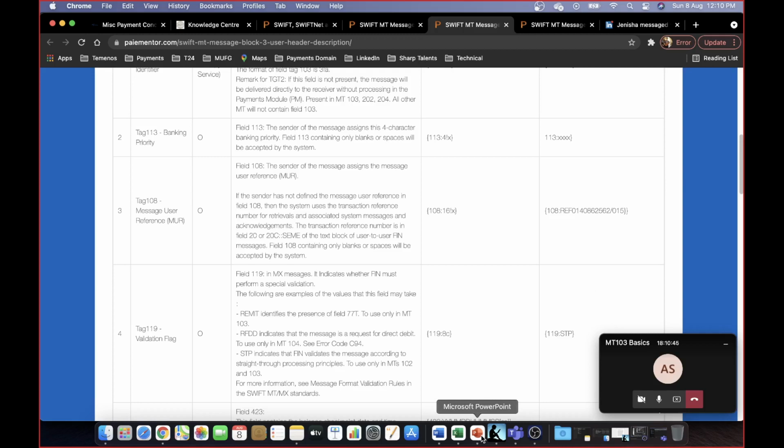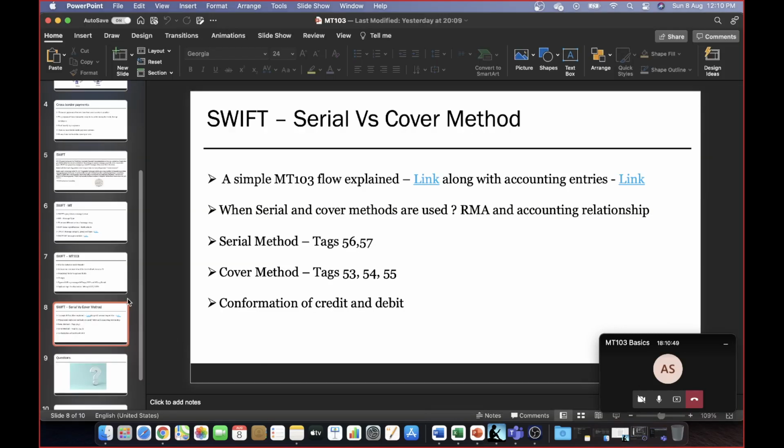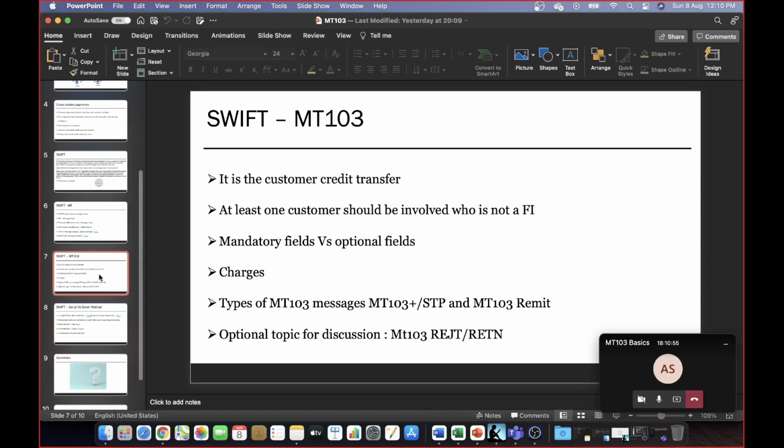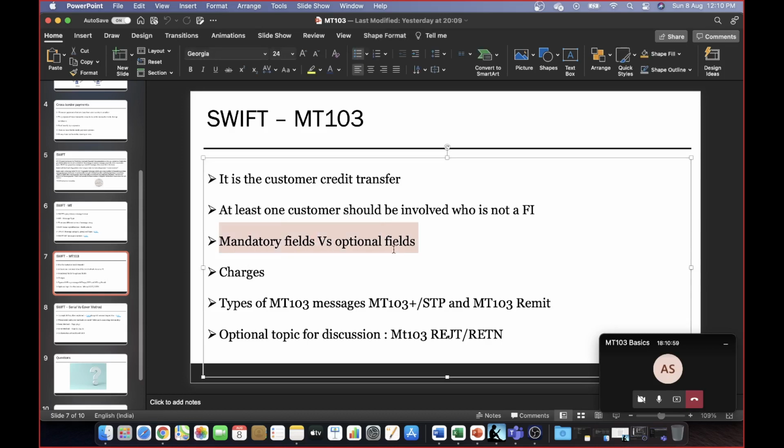We can get into much more detail about correspondent banking, who the correspondent bank is, and so on. So I was just heading here. We saw the mandatory fields. We saw the charges. So there are other types of SWIFT MT103 messages as well.